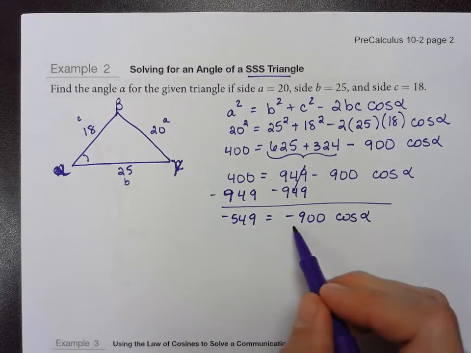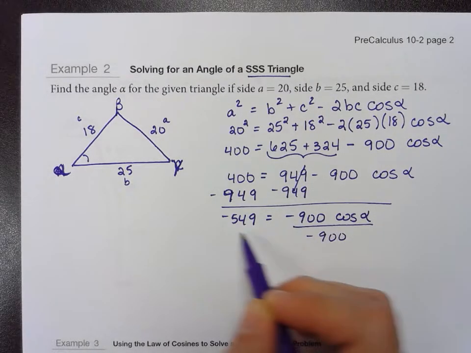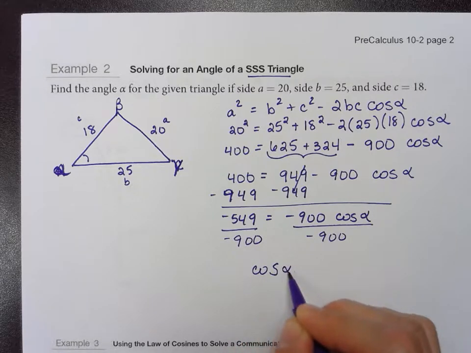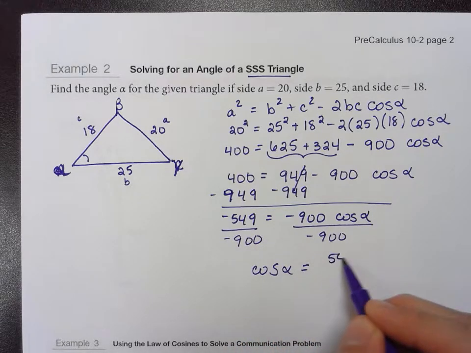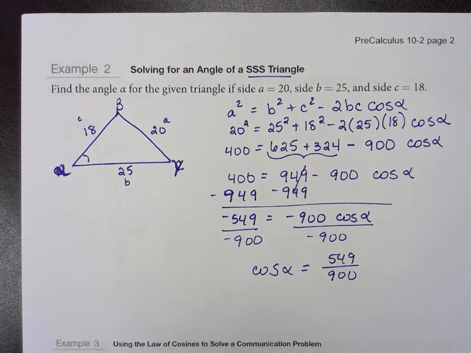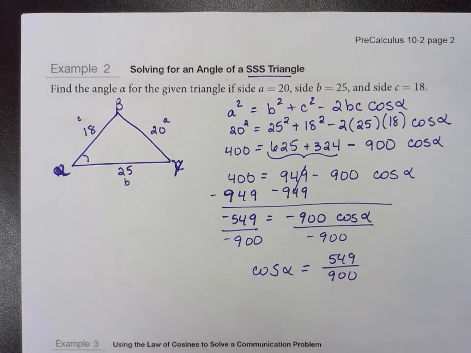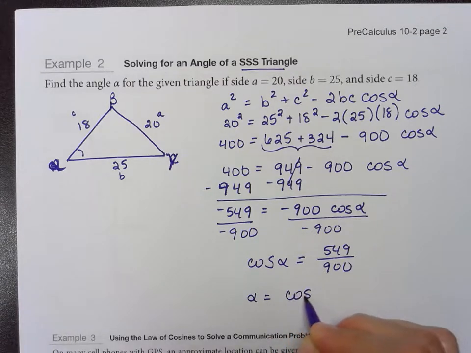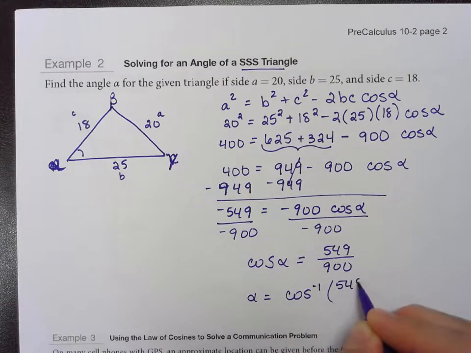Divide both sides by negative 900 and we get cosine of alpha is equal to 549 over 900. Remember, to solve for alpha, you take the arc cosine or the inverse cosine of both sides. So alpha is equal to inverse cosine of 549 over 900.